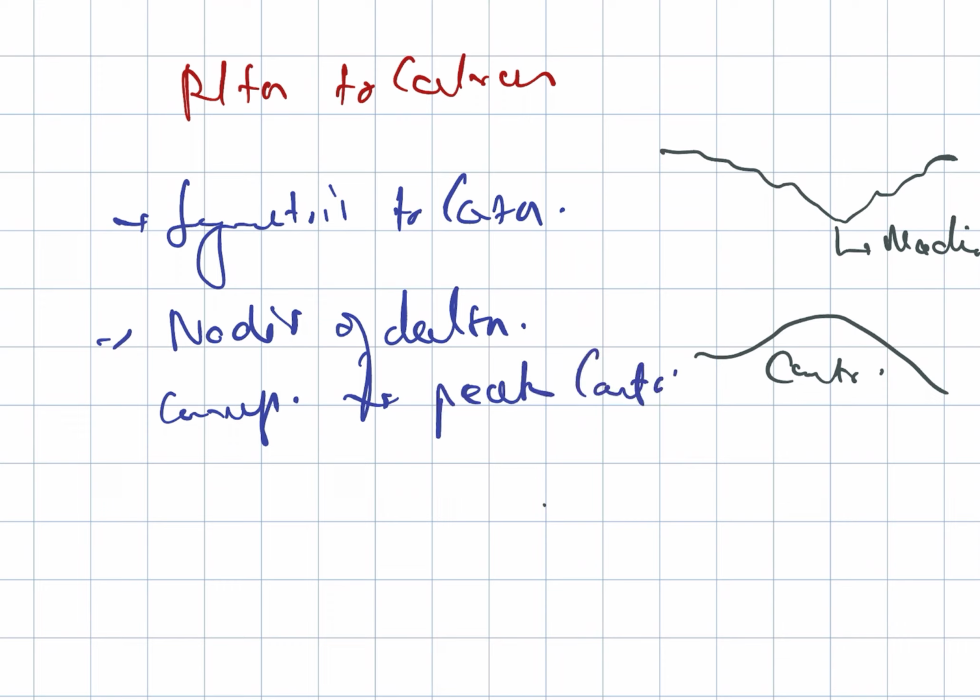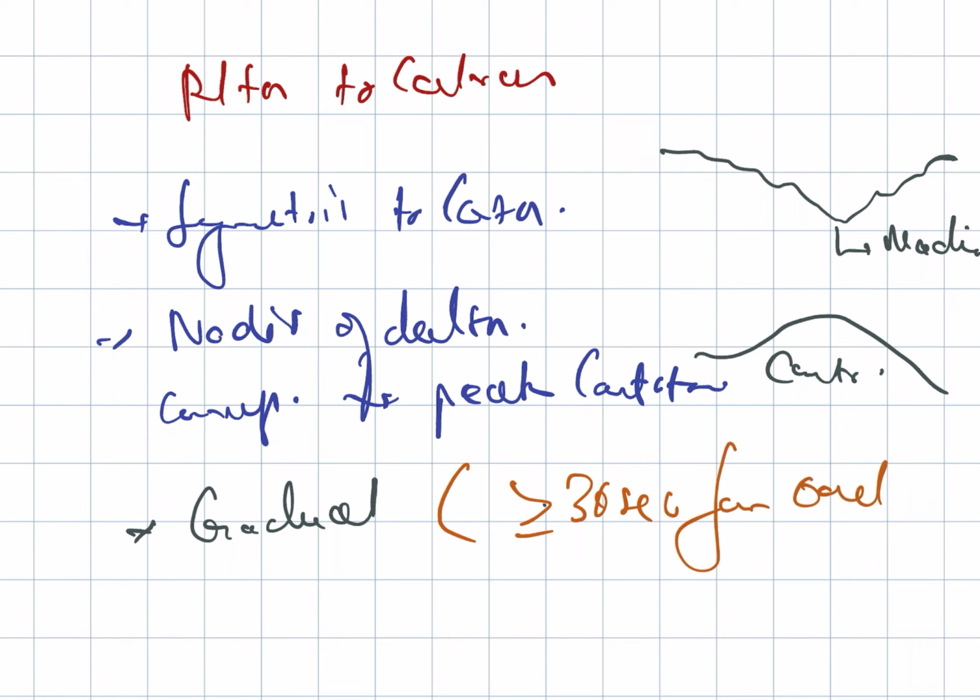Peak of what? Peak of the contraction. And as well it is gradual. So what is gradual? Gradual is nothing but it is greater than or equal to 30 seconds from onset to the nadir. This is the onset, this is the recovery.